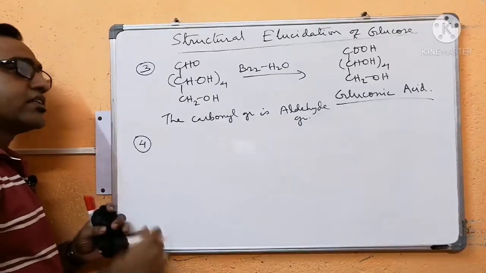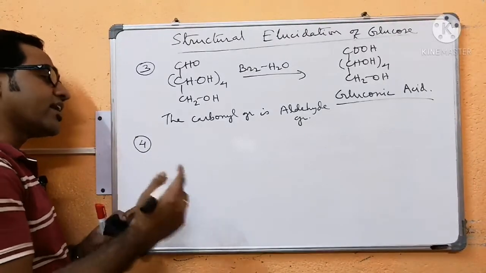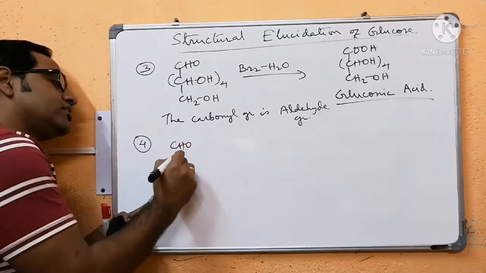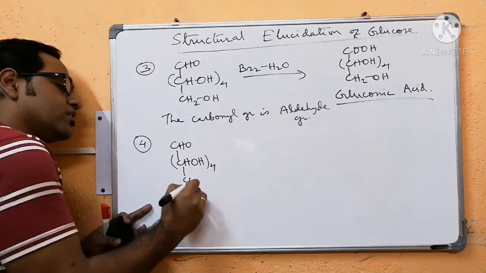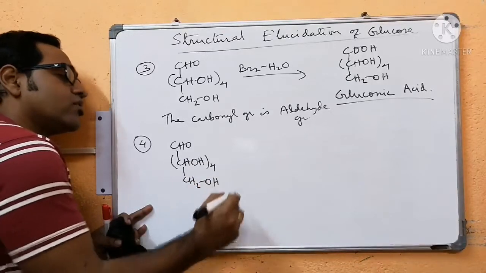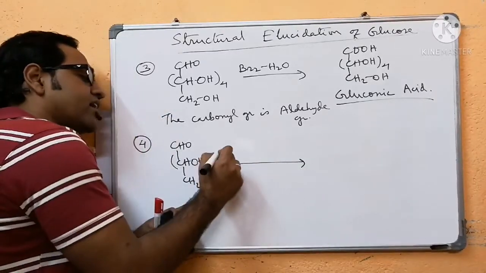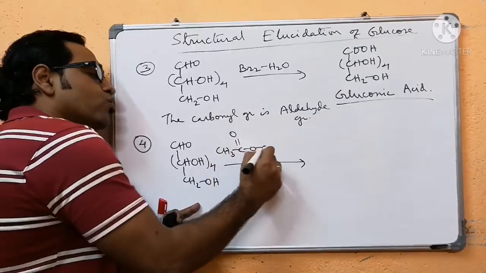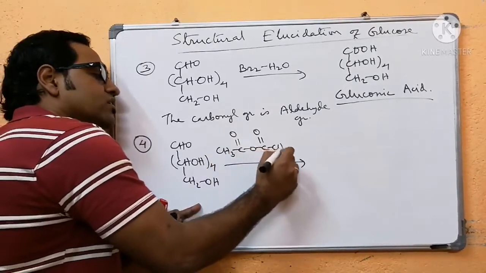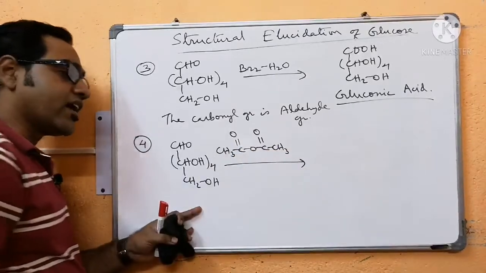The fourth reaction is reaction with acetic anhydride. CHO, CHOH whole 4, CH2OH. When treated with acetic anhydride, CH3C double bond O, OC double bond O, CH3. This is acetic anhydride.